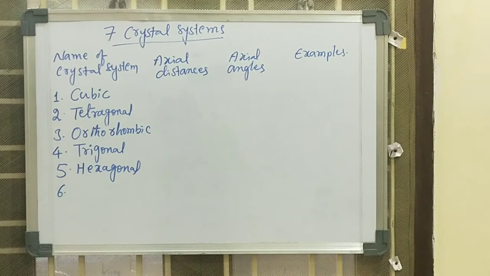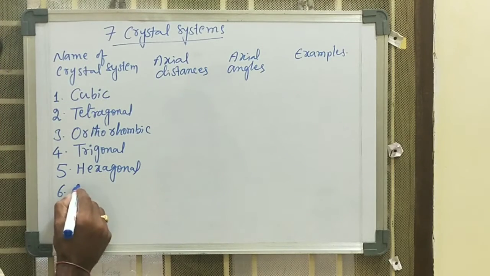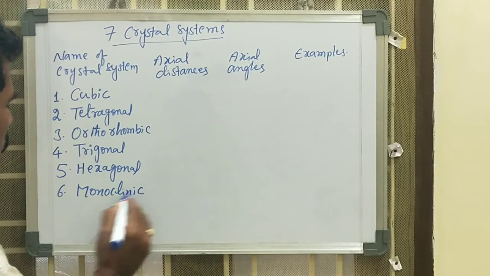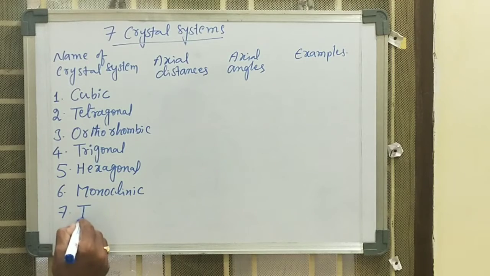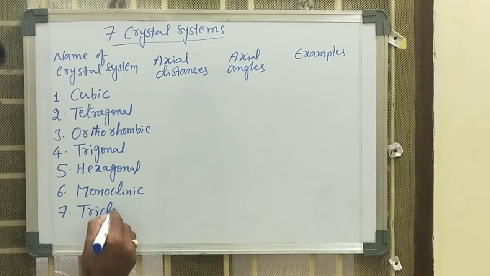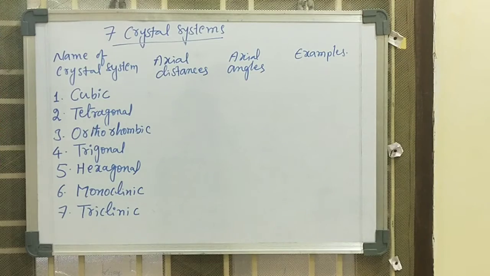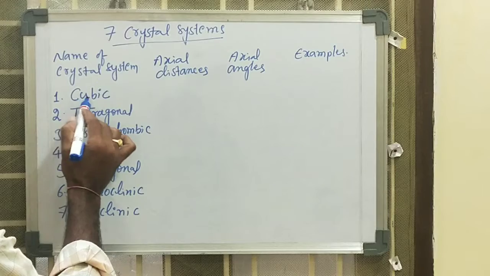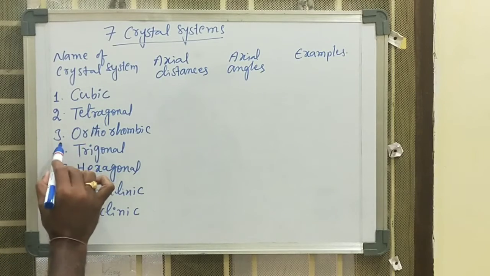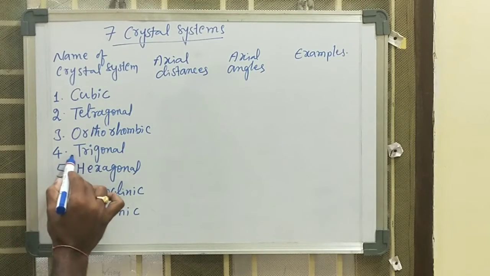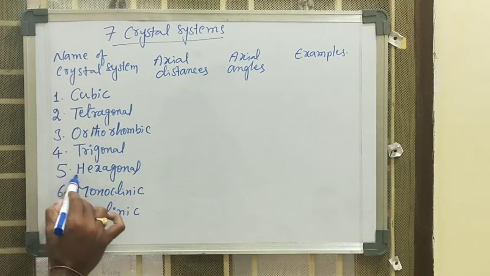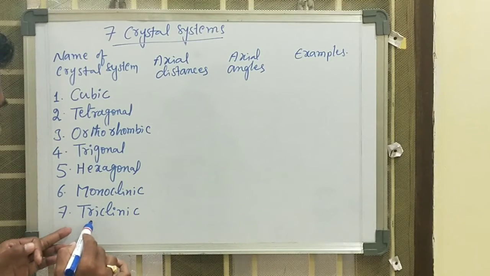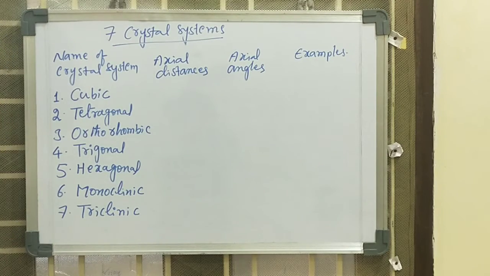Sixth is monoclinic. Seventh is triclinic. So I have written on the board the 7 crystal systems: first cubic, second tetragonal, third orthorhombic, fourth trigonal, fifth hexagonal, sixth monoclinic, and seventh triclinic.